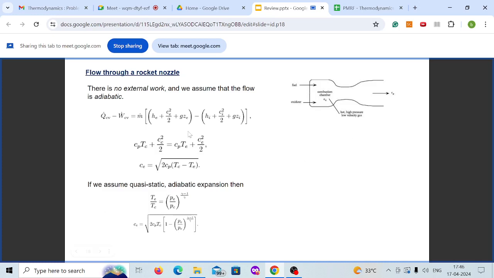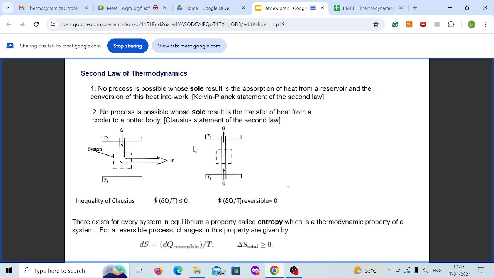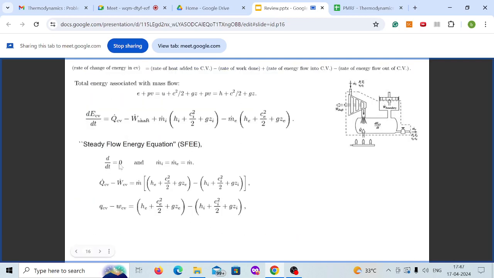And if we don't know the temperature but the pressure is given, this being adiabatic, we can assume an adiabatic expansion, where Te by Tc equals P by Pc raised to the gamma minus 1 by gamma. From there we can get that. So those are examples of how to apply the steady flow energy equation.